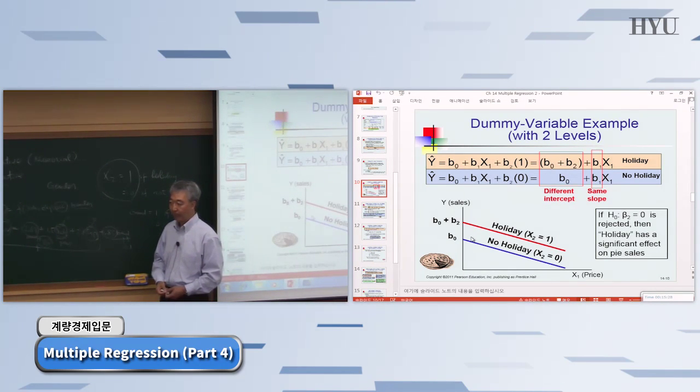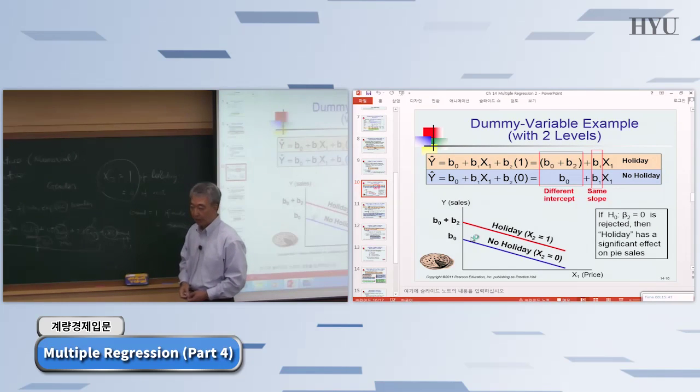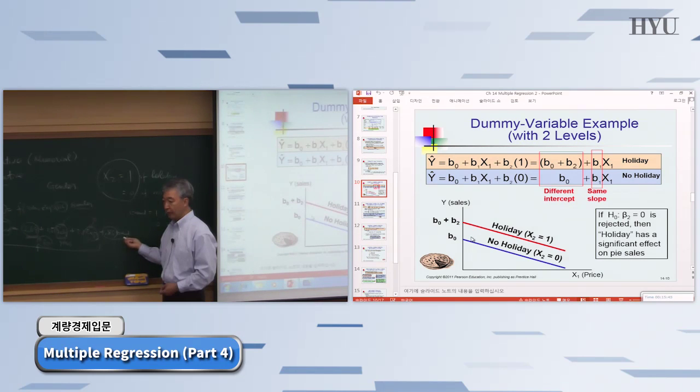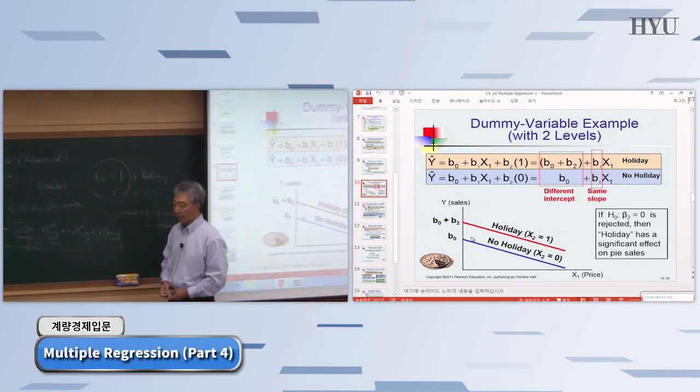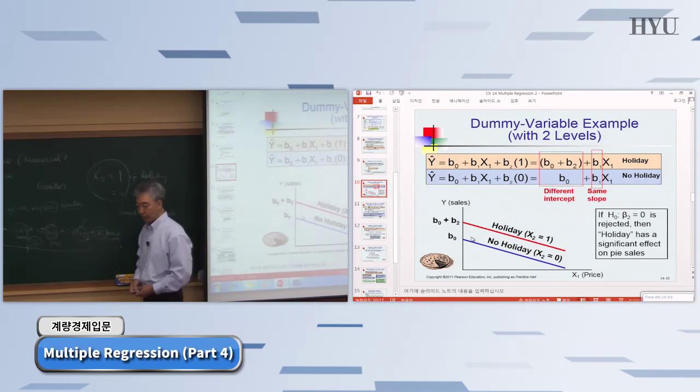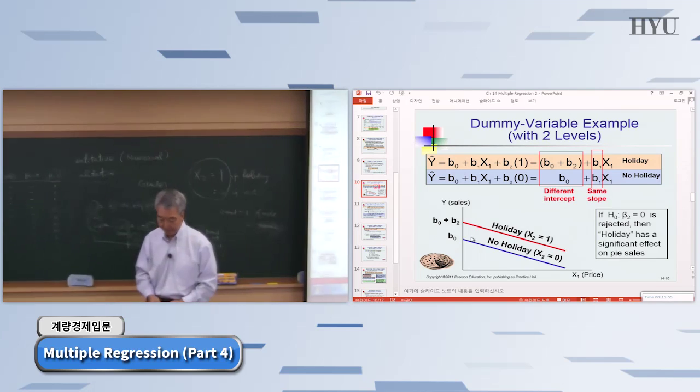Clear? Okay. So that's how the dummy variable works, by just creating a variable using 1 or 0. By assigning 1 or 0, we can figure out the effect of that variable. So in this case, the effect of gender is exactly 85 cents. It makes a difference of 85 cents depending on the gender.